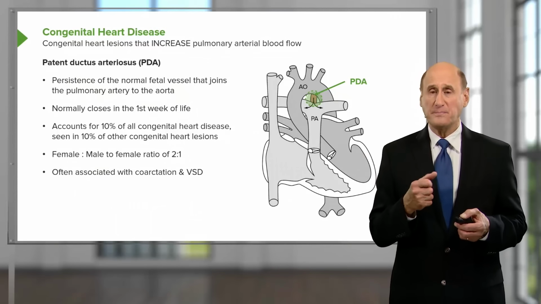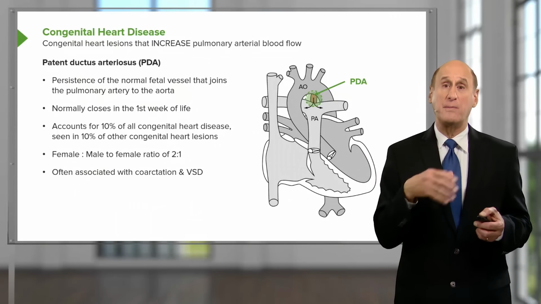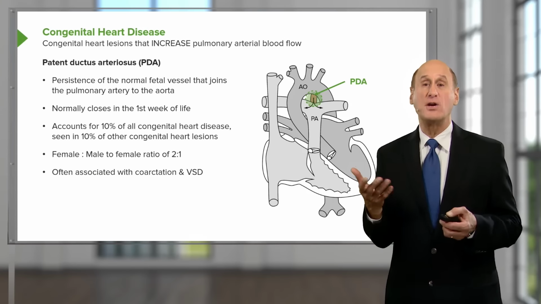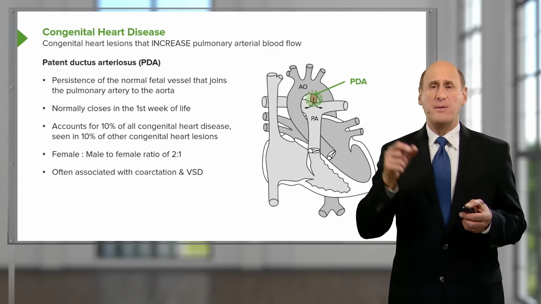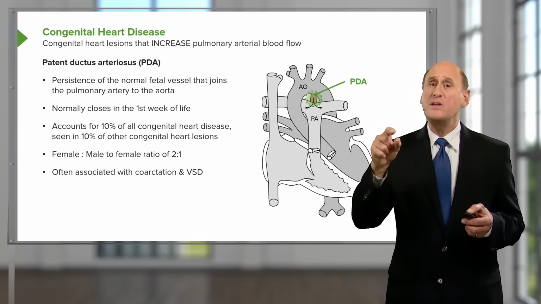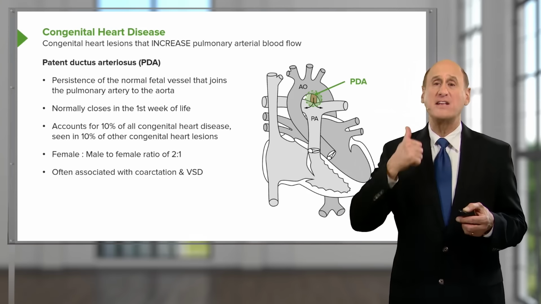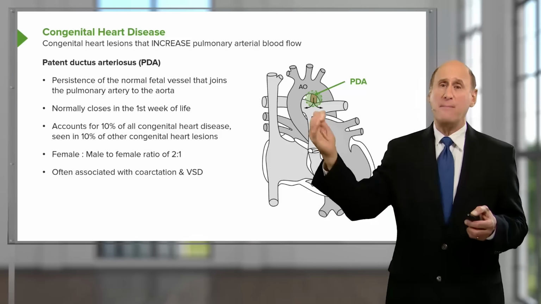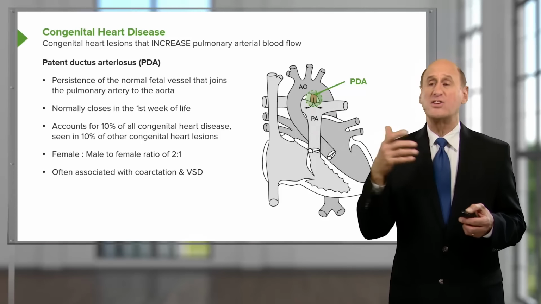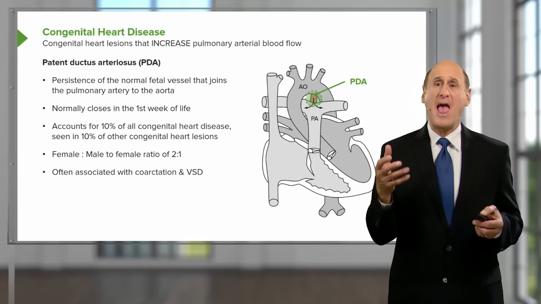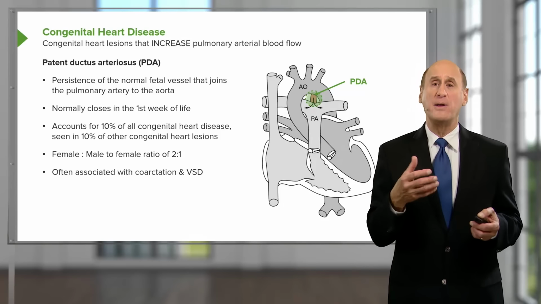The murmur associated with a PDA is one of the most interesting ones in cardiology. Why? Because aortic pressure is always higher than pulmonary pressure. It's higher during systole and it's higher during diastole. So that means you have shunt flow both during systole and diastole, and turbulent flow in the pulmonary artery.